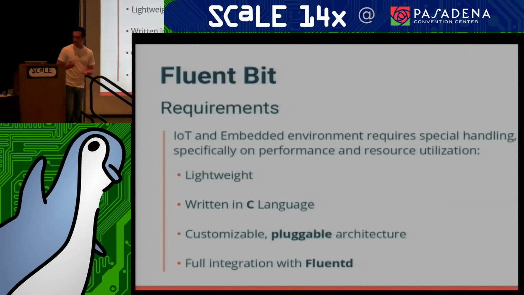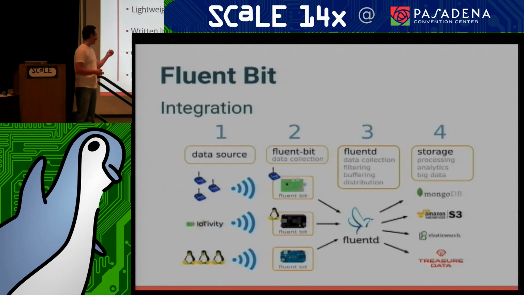When we thought about Fluent Bit at the beginning, we asked how it should be developed. We said it must be in C, it must support plugins, right? And it must have an integration with Fluentd, because maybe you have a full architecture, a lot of IoT devices generating data, but you want to merge that information at some central point. That's why it supports Fluentd. So this is a generic solution, right?